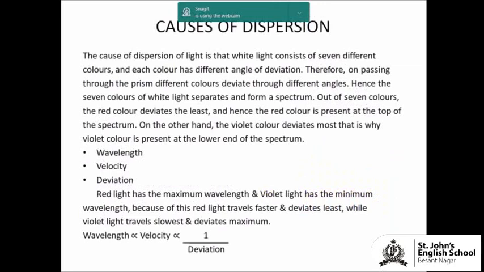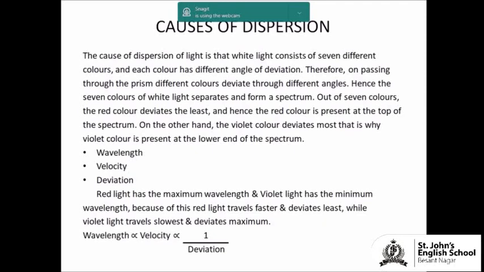Now we all know that white light comprises 7 different colors. Light rays of 7 different colors travel with the same speed in vacuum and air. But in any other medium, they travel with different speeds and bend through different angles, which leads to the dispersion of light.